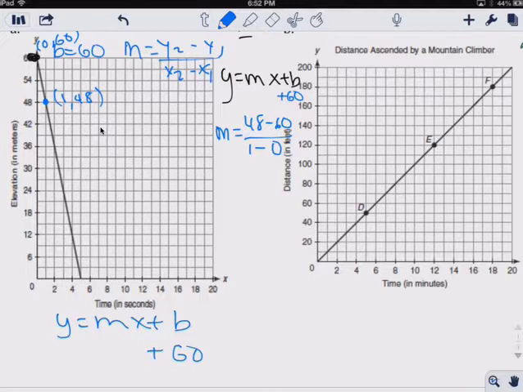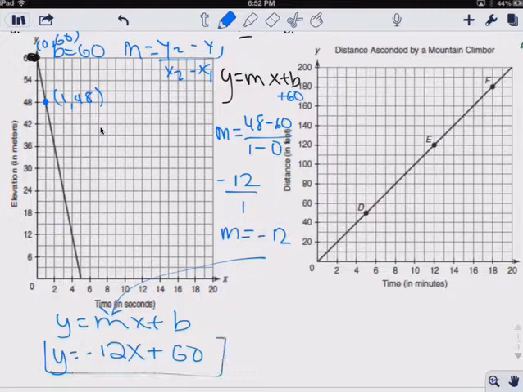So that gives me negative 12 over a positive 1. So my slope is negative 12. So for m here I put negative 12. y equals negative 12x.